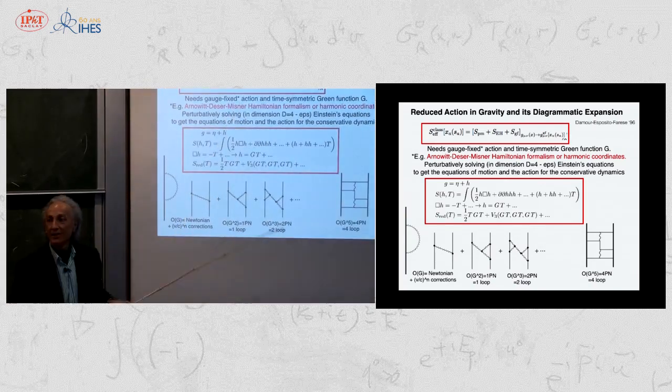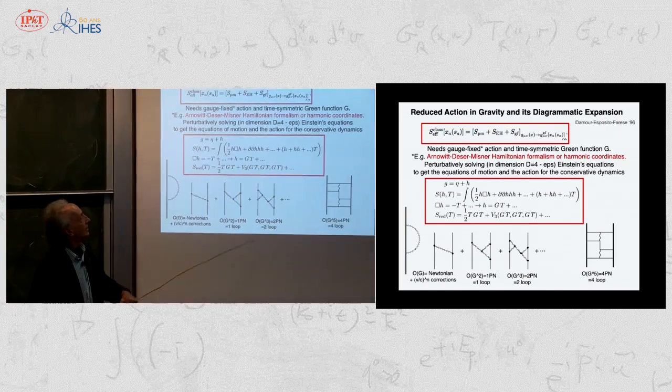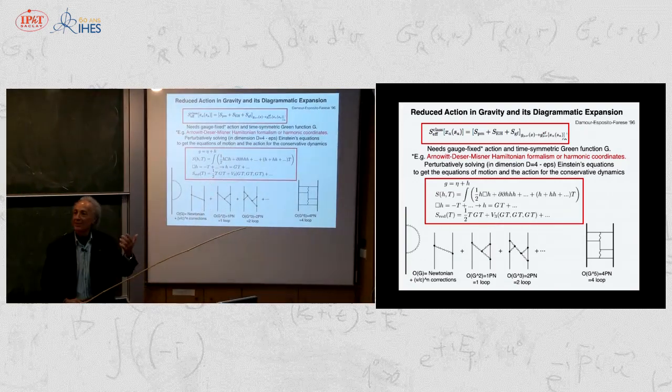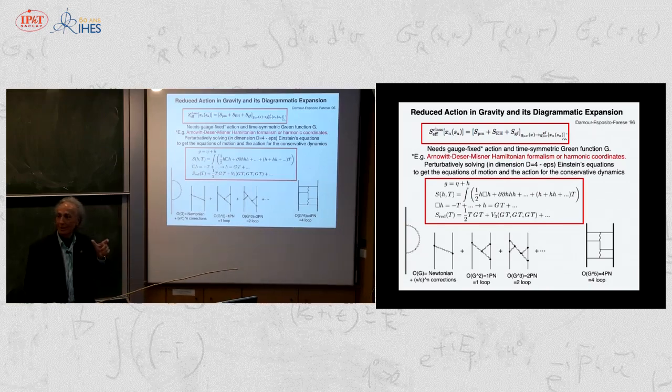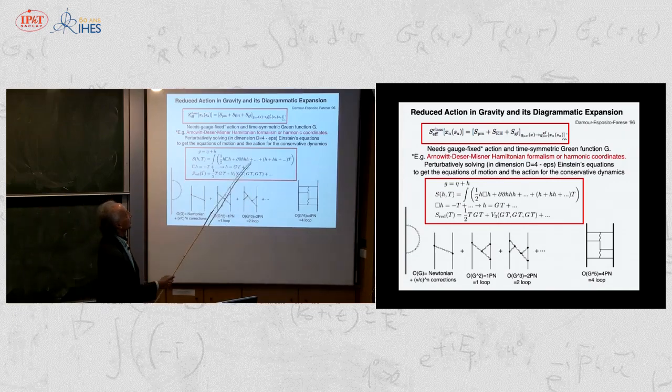You have the Einstein-Hilbert kinetic term of gravity, the action describing gravity. You need to add a gauge fixing term, because if you try to solve Einstein equations without fixing the coordinate condition, you cannot solve them. They are not hyperbolic, they are not elliptic. The propagator is degenerate, you cannot invert it, so you need to put in a gauge fixing.